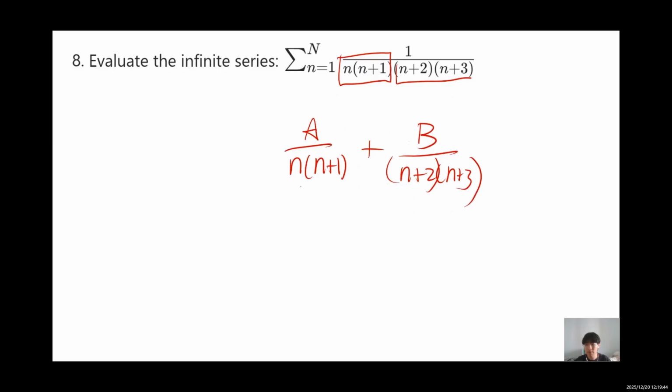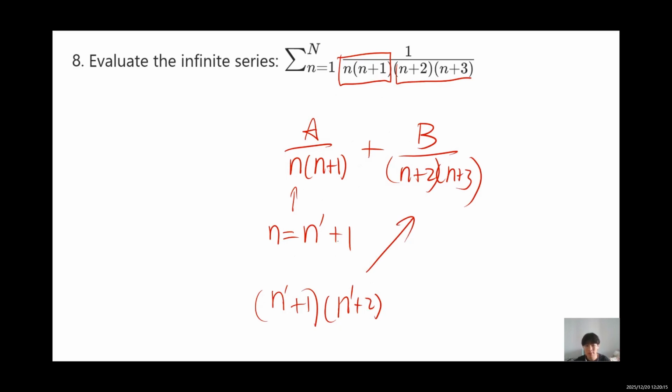Let's check. We plug in n equals 1, n equals 2. n prime plus 1, so we plug this in here. It is n plus 1, n prime plus 2. We can see it's not equal to this.